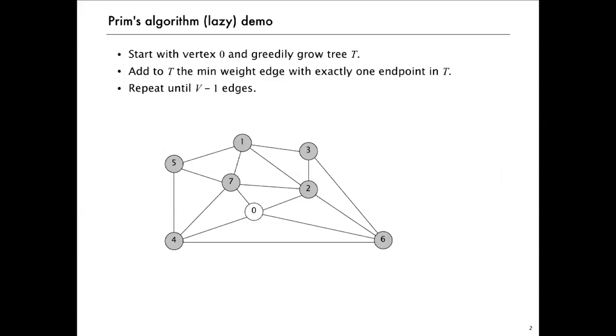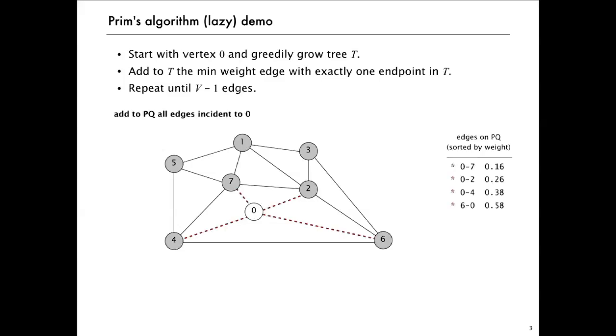So we start at vertex 0, that's fine. Now we're going to add vertex 0 to the tree, and we're going to put on the priority queue all the edges that are incident to 0. And just for the demo, we'll show the edges sorted by weight with the understanding that we have a heap data structure or something under there to give us the smallest one. But for the demo, it's easiest to see them sorted by weight.